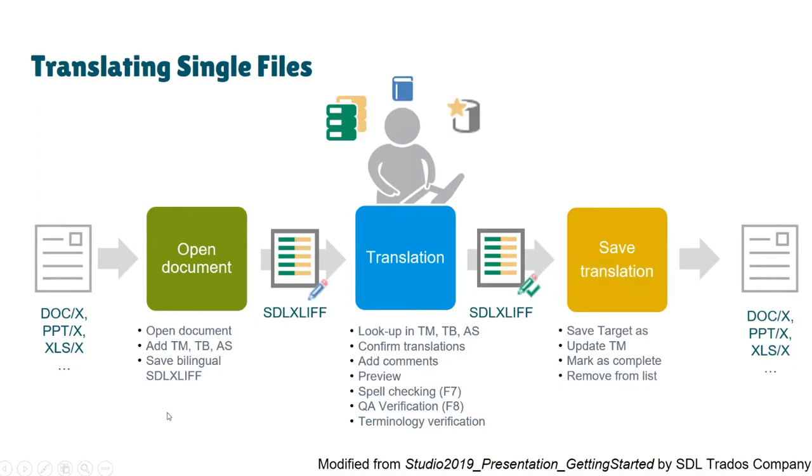And then this file will be saved as SDLXLIFF for our translation. And then in the environment of our edit window, we can look up in translation memory, term base, and auto-suggest dictionary. So when we confirm translations, we can move to the next segment.